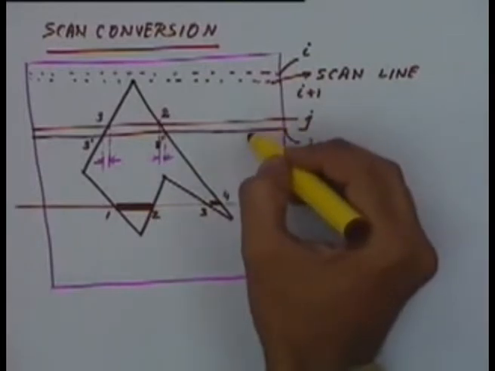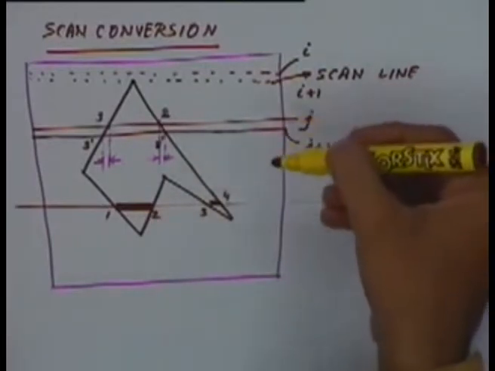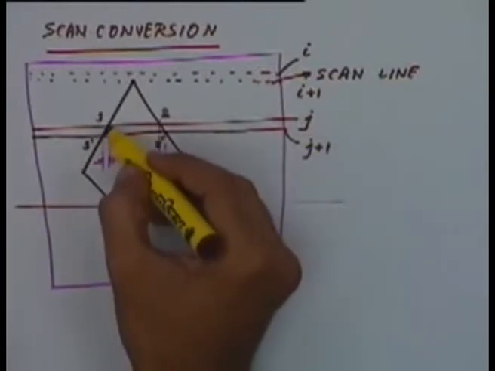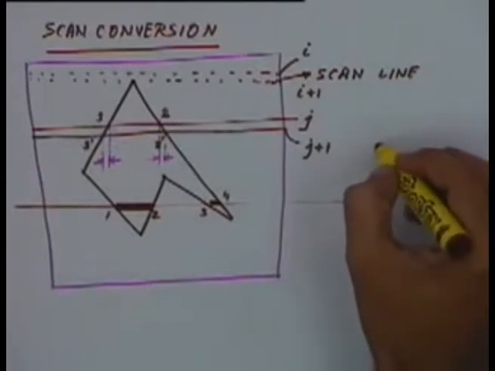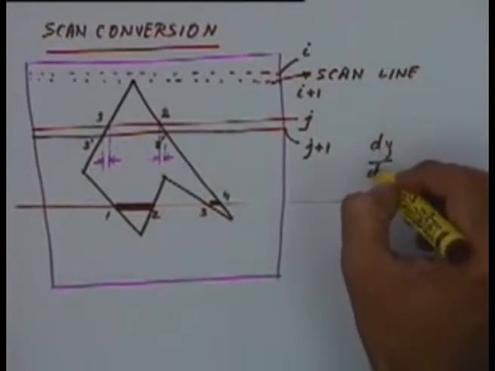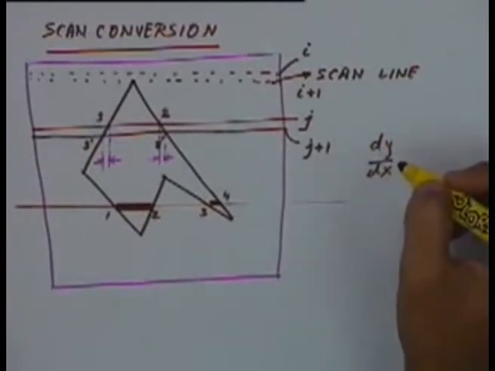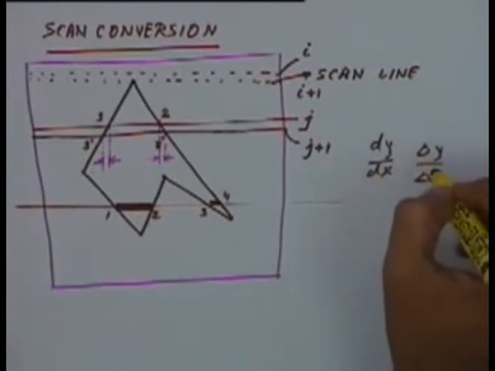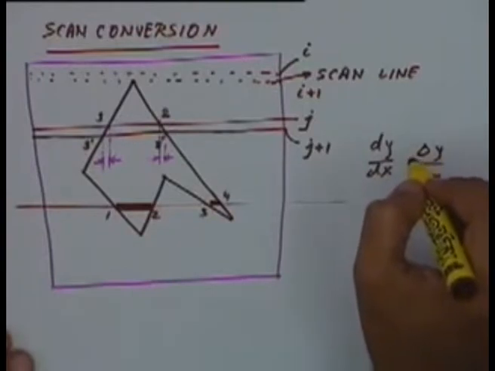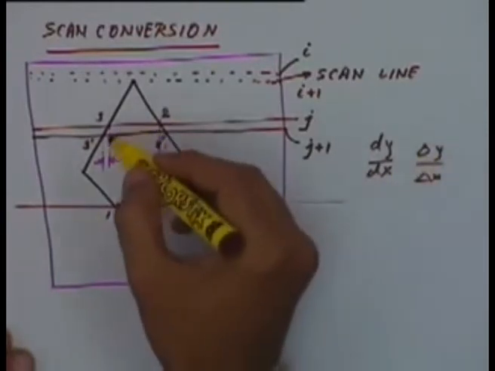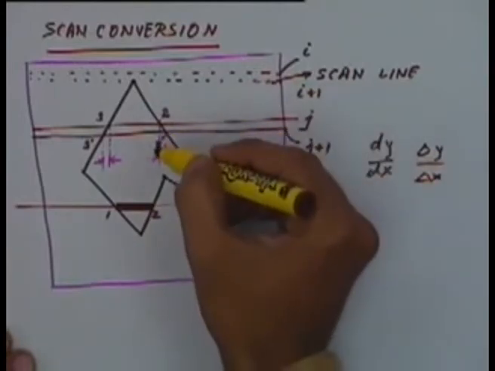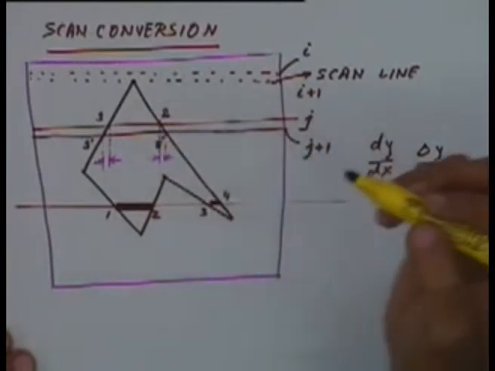So, in a case like this, when we move from one scan line to the next scan line, the position of the edge shifts by an amount equal to dy by dx, or delta y by delta x. So, as we move from one scan line to a second scan line, one of the two things happen.